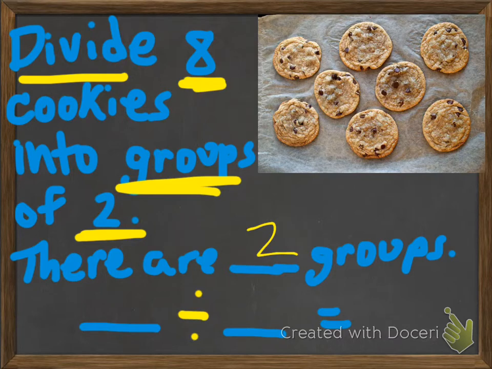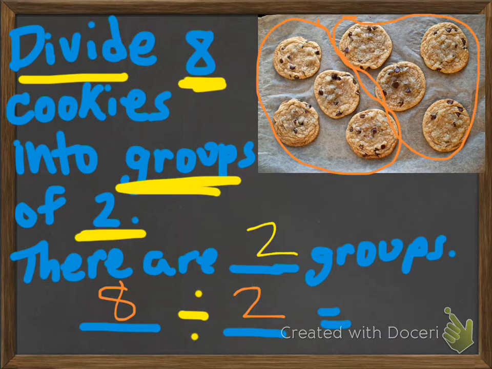We'll start off with 8 divided by 2. Let's see what that looks like if we have 8 cookies here and we want to divide them equally into groups of 2. We could have a group here and a group here, and we get a total of 4 groups.